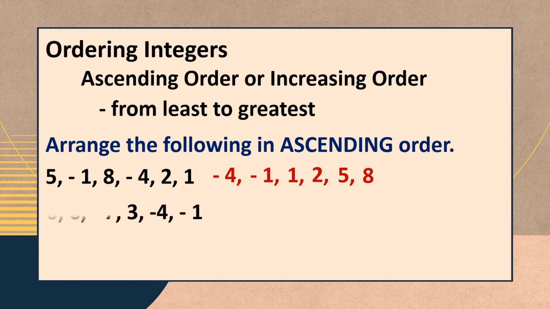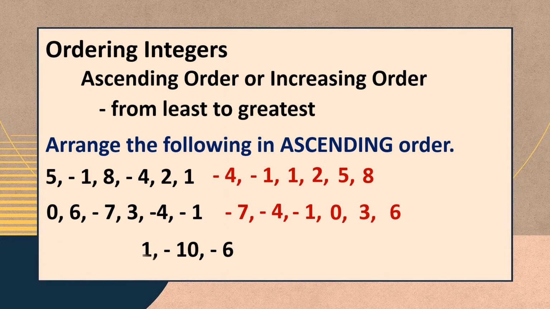Okay, next. We have the sets 0, 6, negative 7, 3, negative 4, and negative 1. We will start with the least number, negative 7. We have negative 4, negative 1, 0, 3, 6.